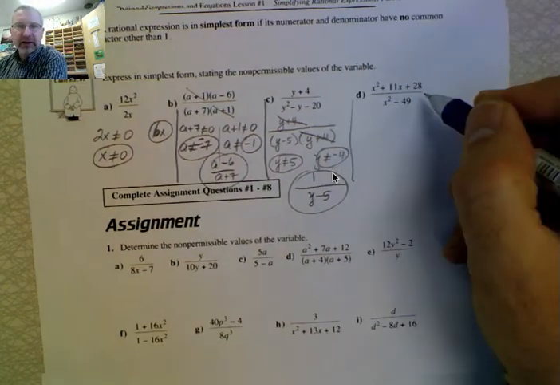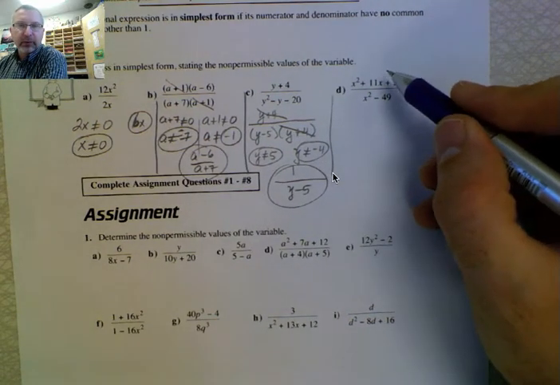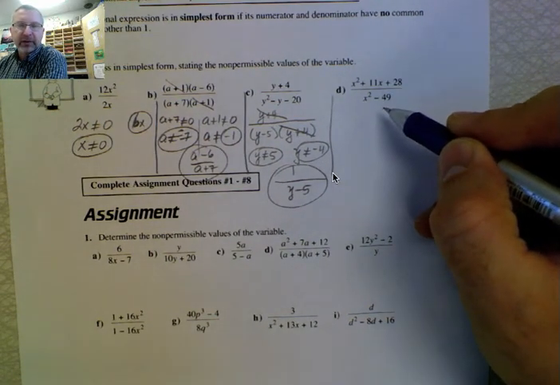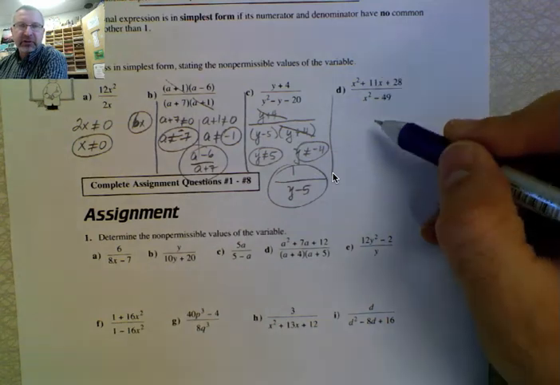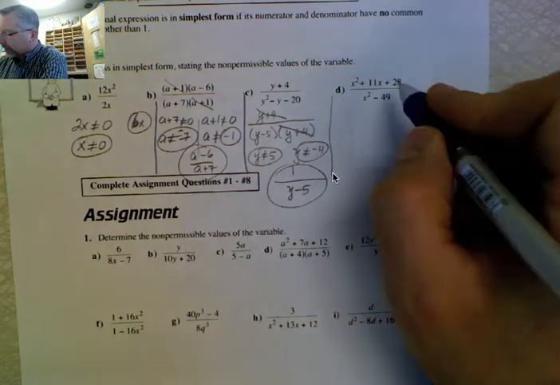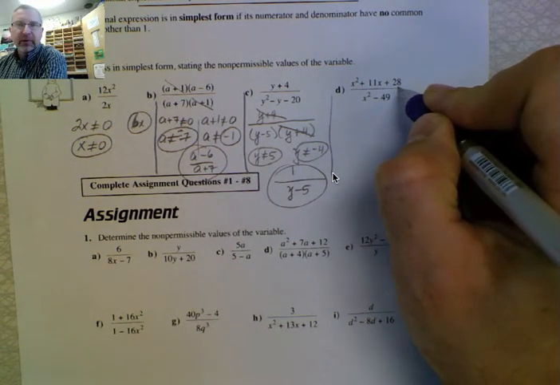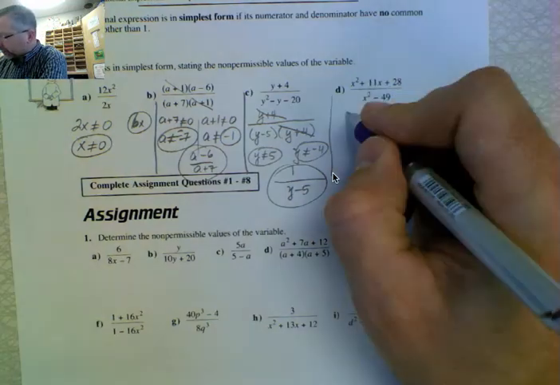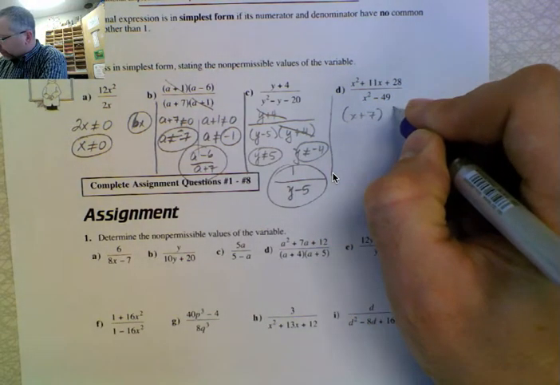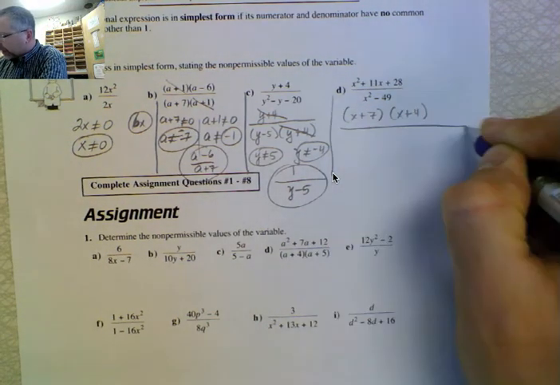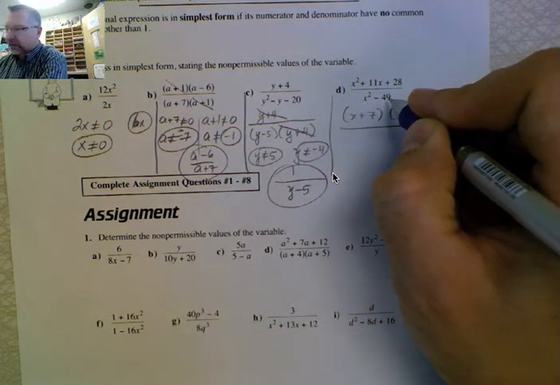Okay, the last question, we have to factor both the numerator and the denominator before we determine restrictions or we simplify. If we look at two numbers that multiply to 28 and add to 11, those are x plus 7 and x plus 4. The second case is a difference of squares.